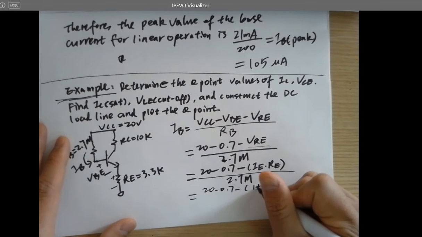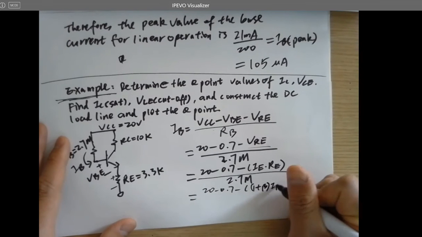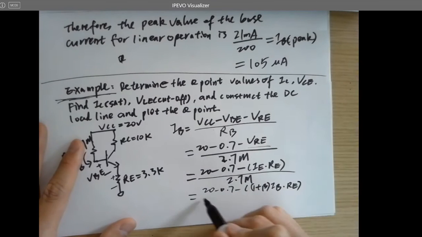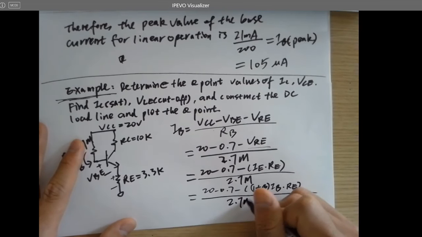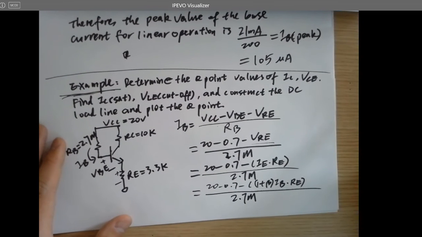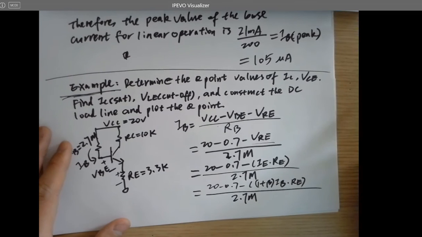IE is (1 plus beta) times IB. Beta is given.